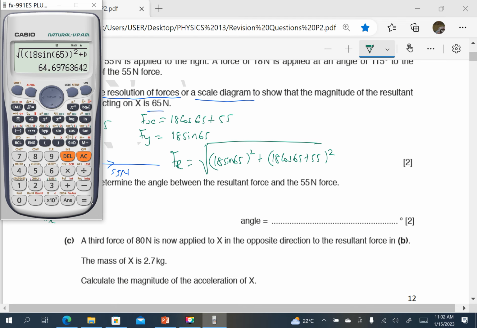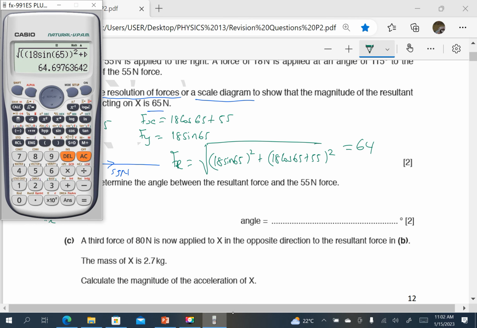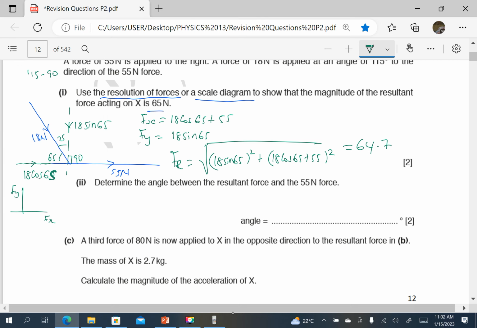So that is giving me 64.697, or 0.7, which is approximately 65. Approximately 65. You can verify the resolving yourselves.